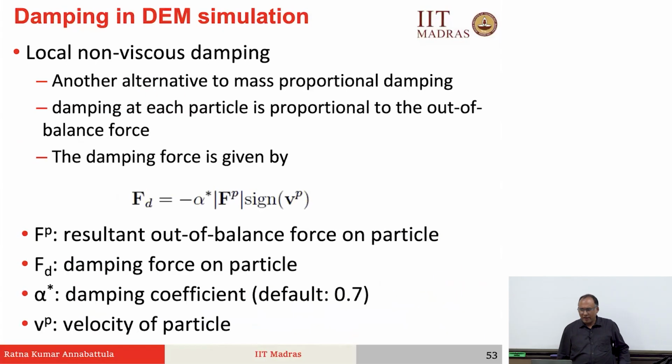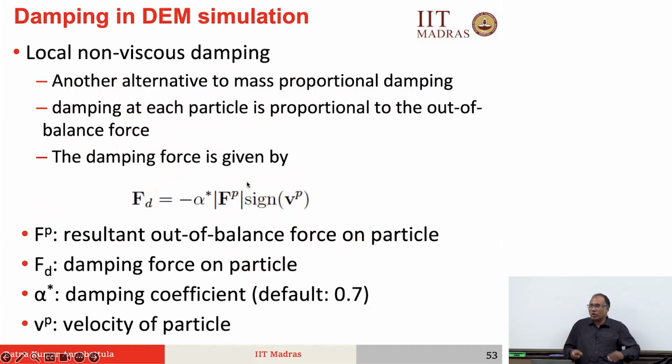If you are using non-viscous damping, which is another alternative to mass proportional damping, what it actually does is look at the out of balance force, and damping will be proportional to that out of balance force. The damping force is given by minus alpha times Fp times sign of Vp, where Vp is the velocity of the particle. Fp is your resultant out of balance force on the particle.